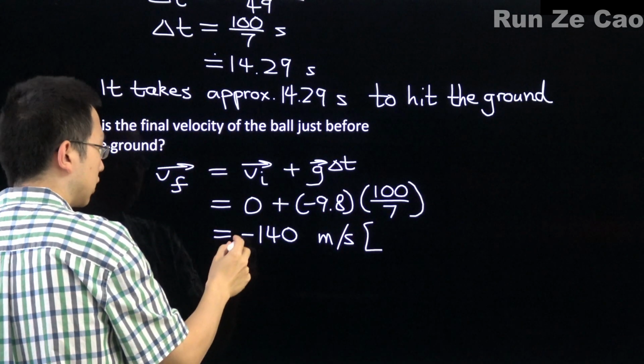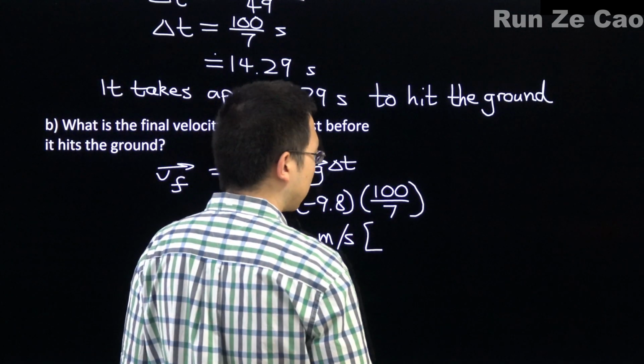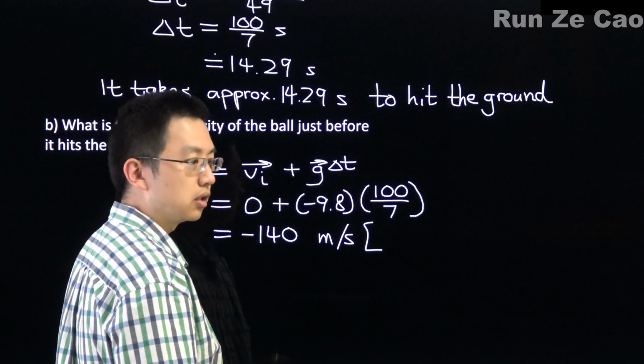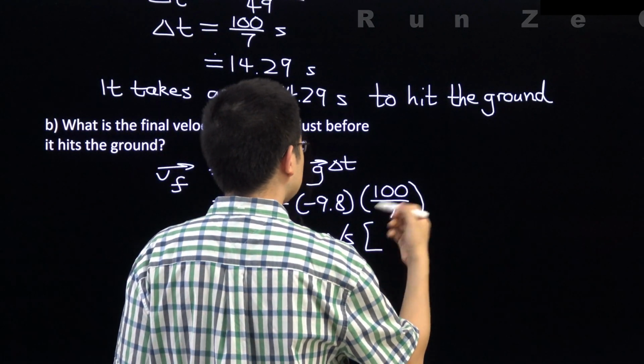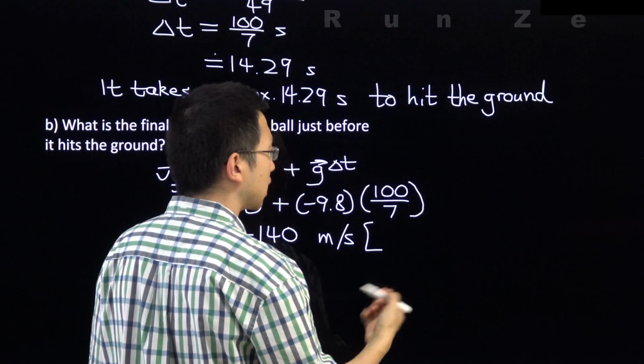Wait a second, this is a vector and we have a negative speed. Negative speeds are not a good idea, because speed is just a size. It doesn't care which direction you're going.